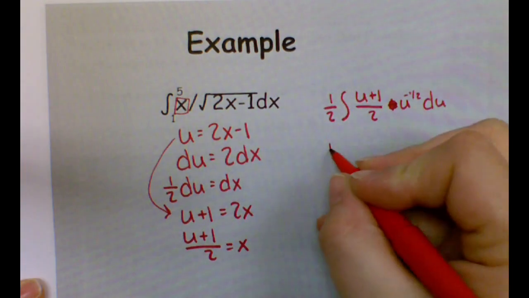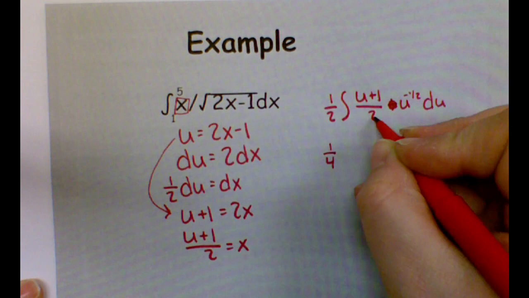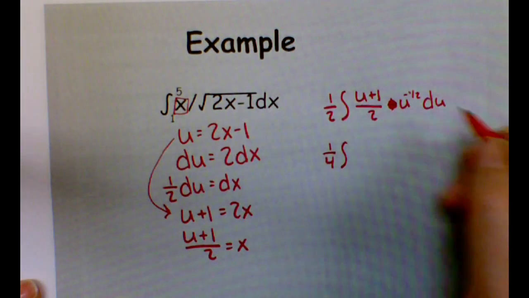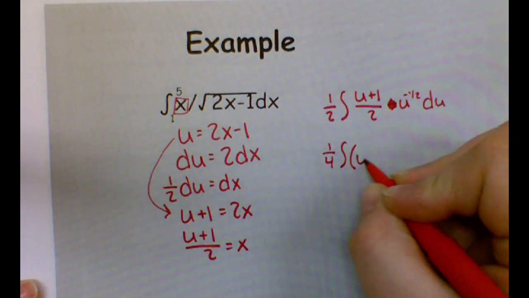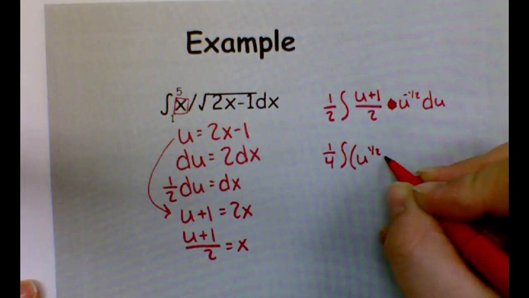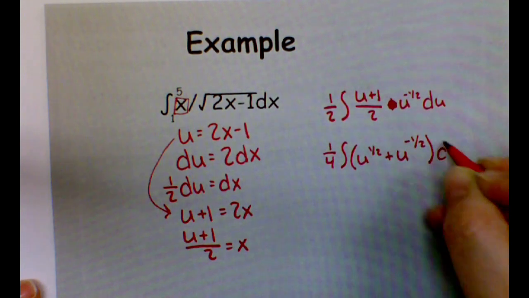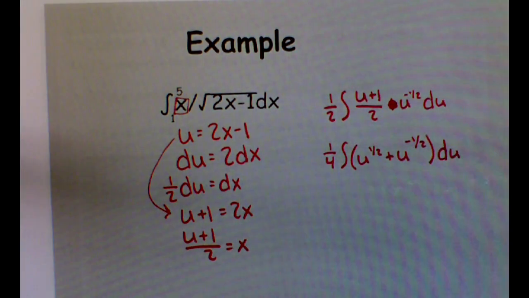That way I can distribute a little nicer. I'm going to pull this 2 out front also, making it a 1/4. So u times u to the negative 1/2 power is u to the positive 1/2 power, plus 1 times u to the negative 1/2 power is u to the negative 1/2 power du.